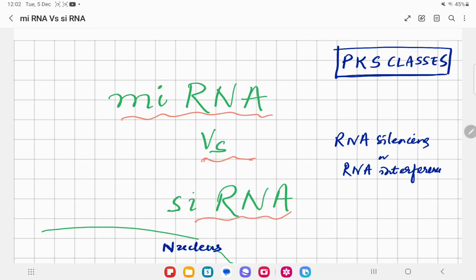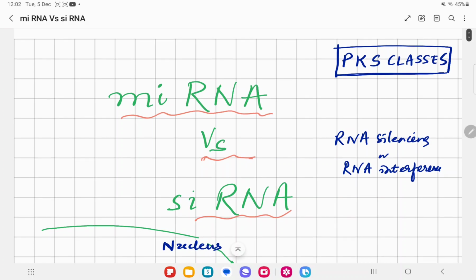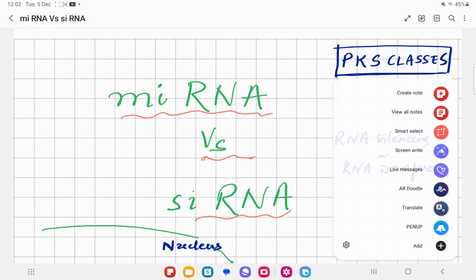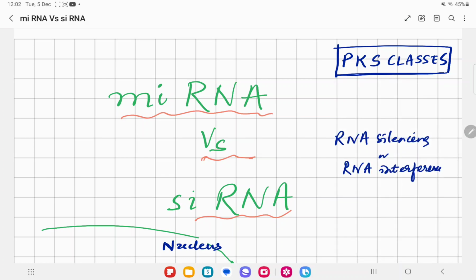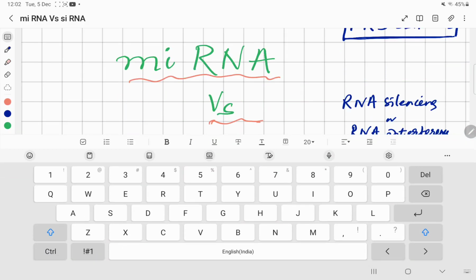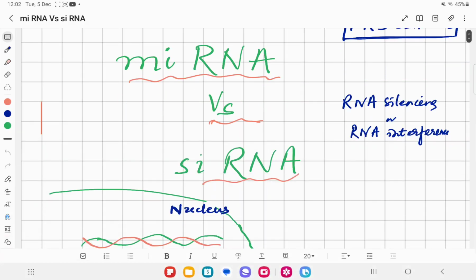As we know, in RNA silencing or RNA interference, we use the non-coding RNAs like miRNA and siRNA.